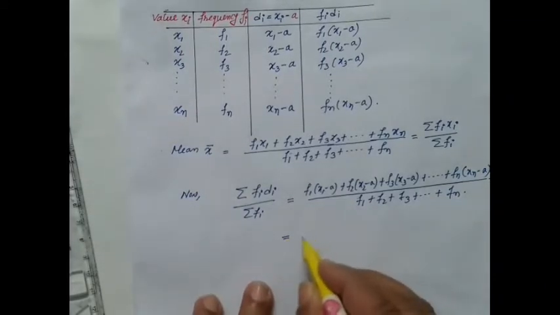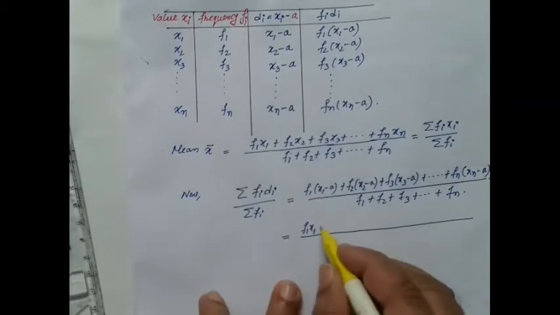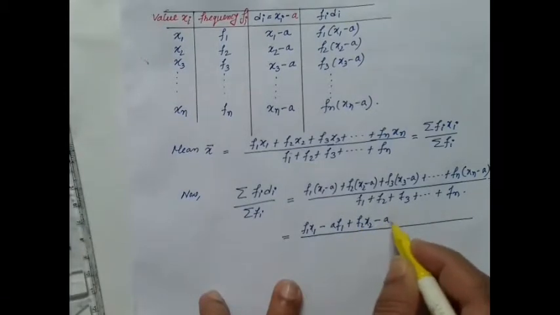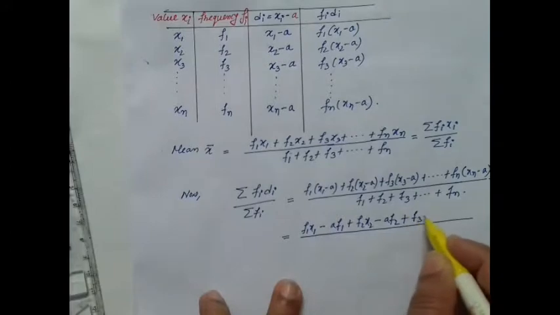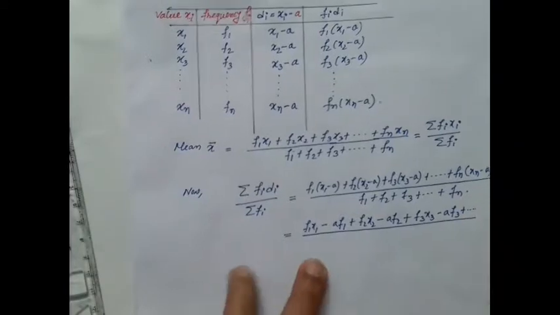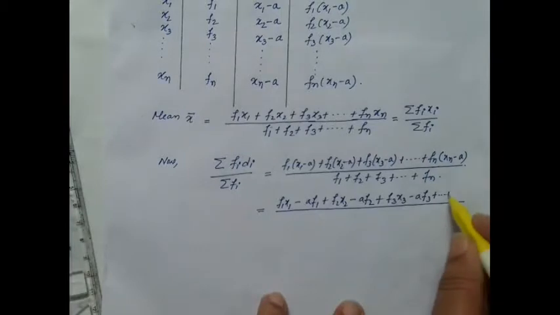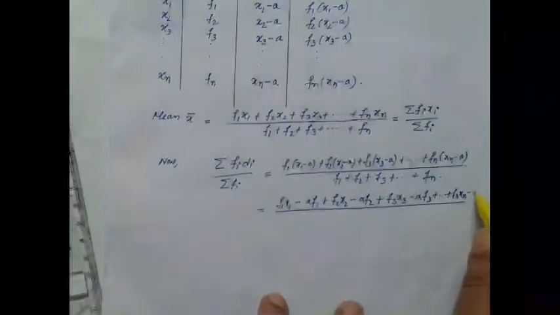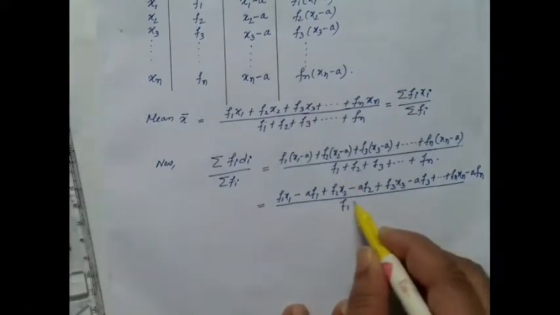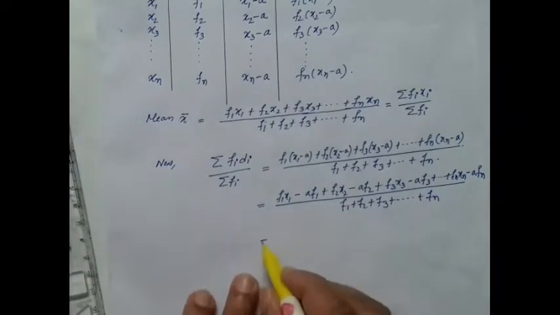Now we do a simple calculation and multiply, so we get f1 x1 minus a f1, plus f2 x2 minus a f2, plus f3 x3 minus a f3, plus dot dot dot, and the last term also gives the same thing, plus fn xn minus a fn. Below we have f1 plus f2 plus f3 plus dot dot dot plus fn.